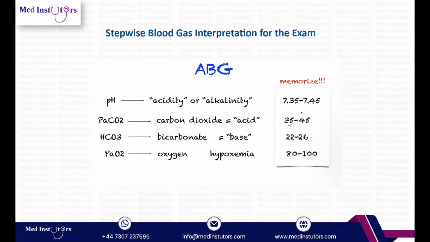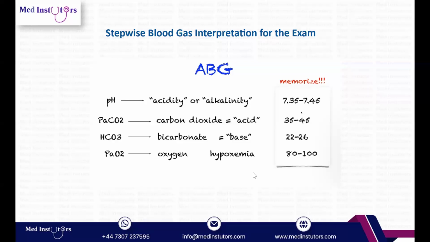If the value in the arterial blood gases is more than 45, that means the patient is having respiratory acidosis, and if it is less than 35, that means it is respiratory alkalosis. Next we look at bicarbonate. The normal range is 22 to 26. If it is less than 22, that means there is some acidosis, and if it is more than 26, that means it is alkalosis. The partial pressure of oxygen ranges from 80 to 100 millimeters of mercury.